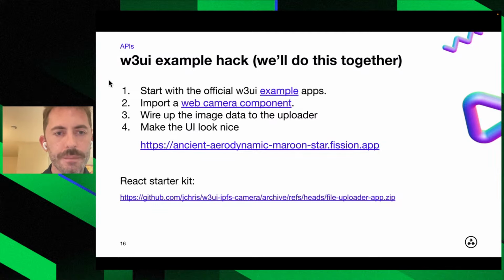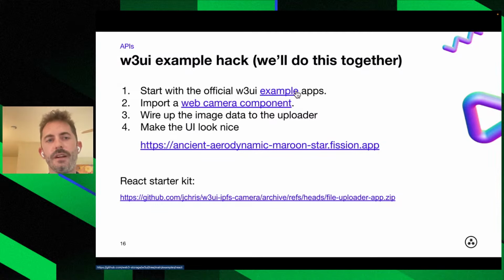So basically what we're going to do is get one of these example apps and import this web camera component, and then we will just make a couple little changes and make it look nice.